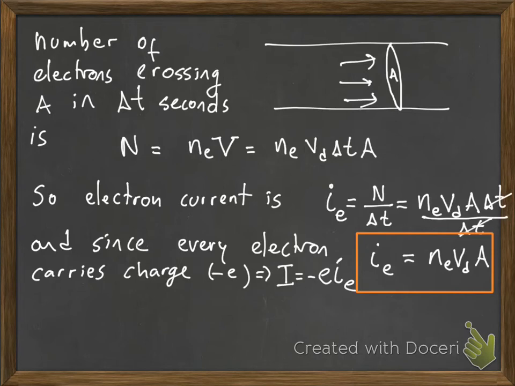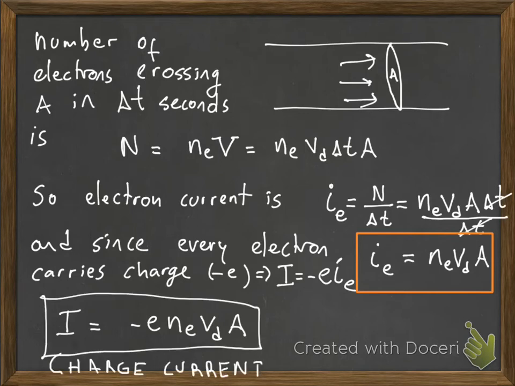Since every electron carries an amount of charge minus e, where e is 1.6 times 10 to the minus 19 coulombs, the charge current flowing through this wire is going to be minus e times the electron current. If we replace the equation for the electron current, we get that the current flowing through the wire is minus e n sub e Vd times A. This is the charge current.